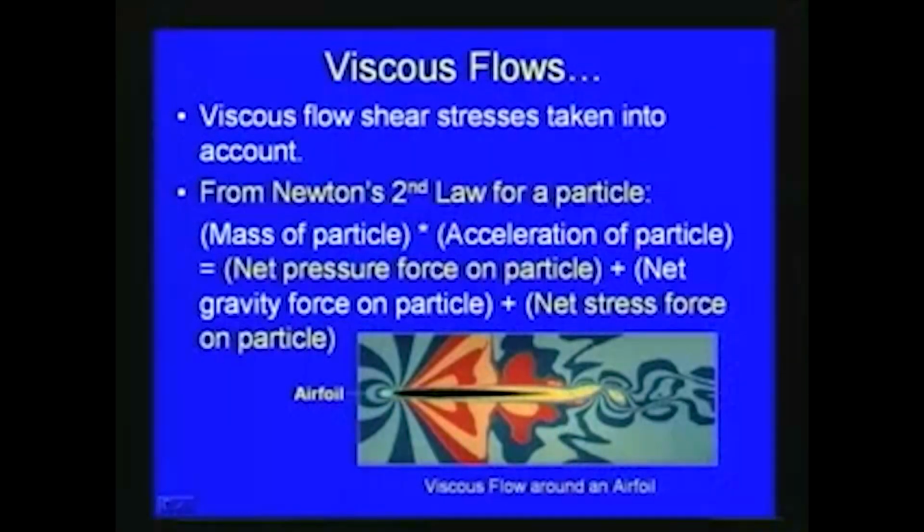So, we can write the mass of the particle multiplied by the acceleration of the particle, equated to the algebraic sum of the forces. For viscous flow, the various forces will be the net pressure force on the particle, net gravity force on the particle, and net stress forces on the particle. So, using Newton's second law with respect to a particle, the mass of the particle multiplied by the acceleration of the particle will be equal to the net pressure force plus the net gravity force plus the net stress force on the particle.